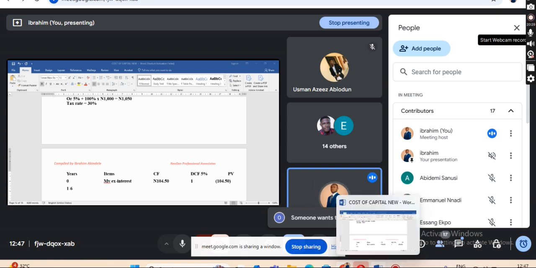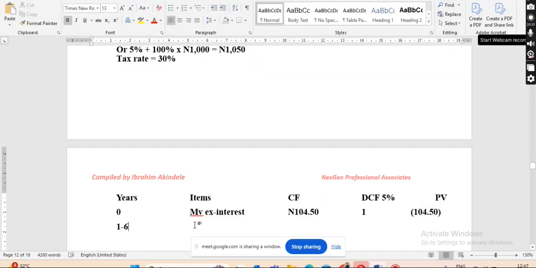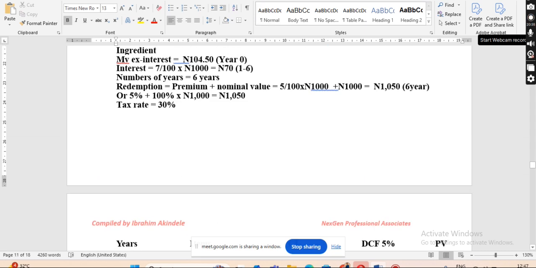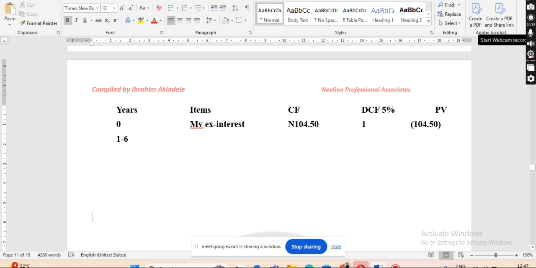Now, the interest that we calculated, what is it? It's 17 naira. If this is the interest, please use your annuity figure or calculator.